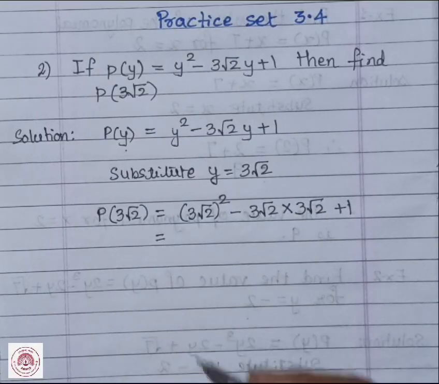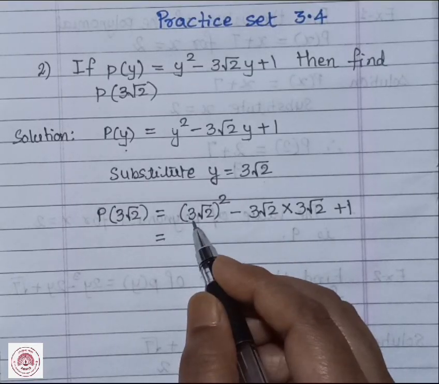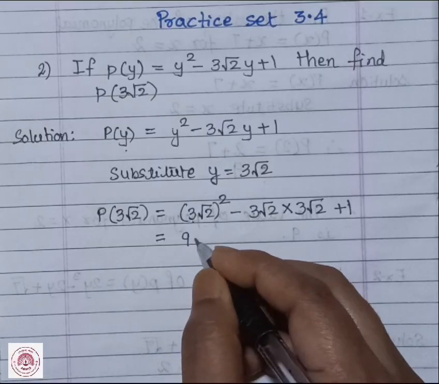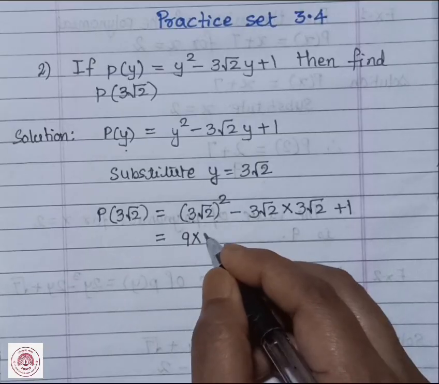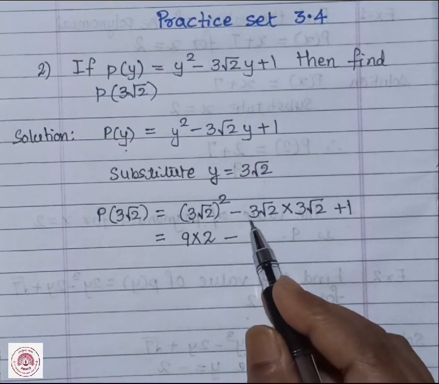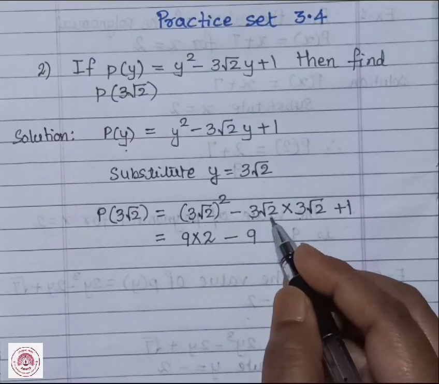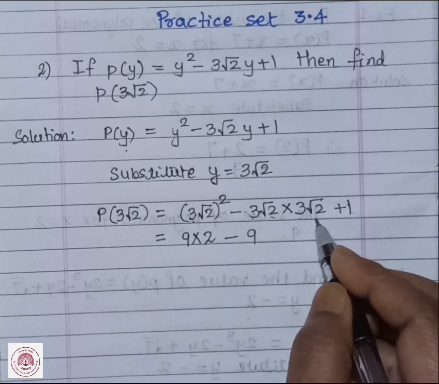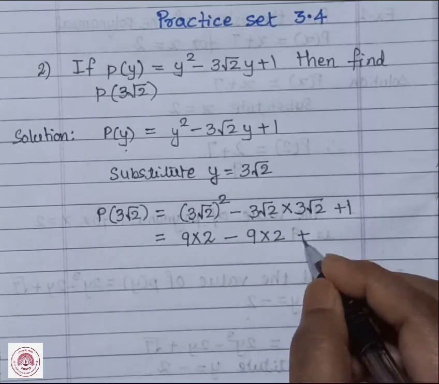Now this is equal to, 3 root 2 squared is 3 square, which is 9, multiplied by root 2 squared, which is 2, minus, now here 3 multiplied by 3 is 9, root 2 multiplied by root 2 is 2, plus 1.